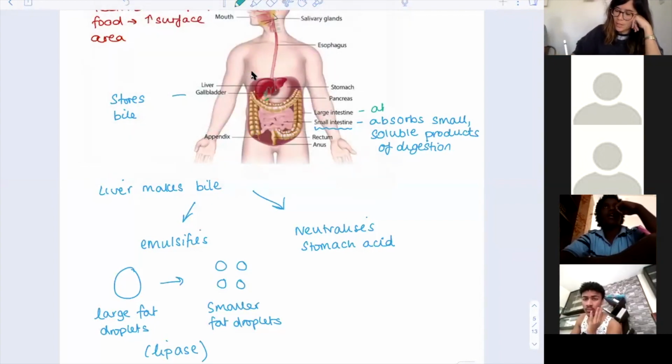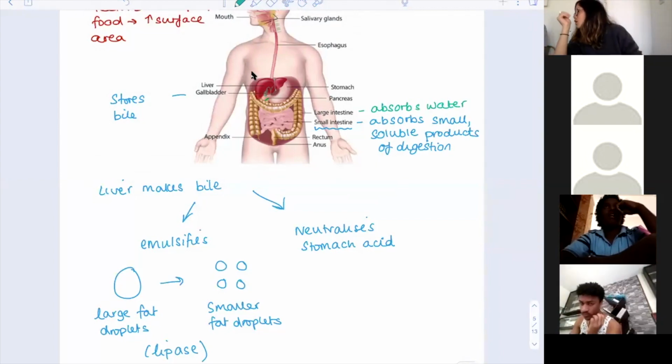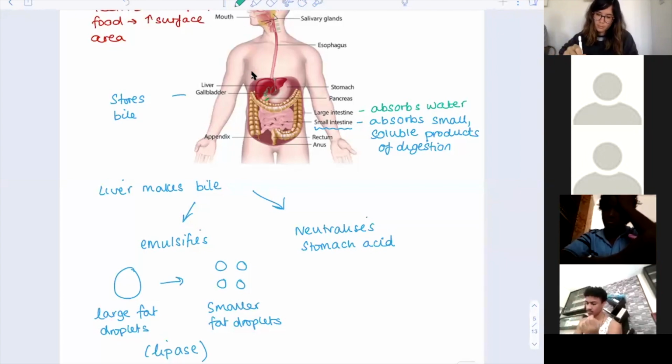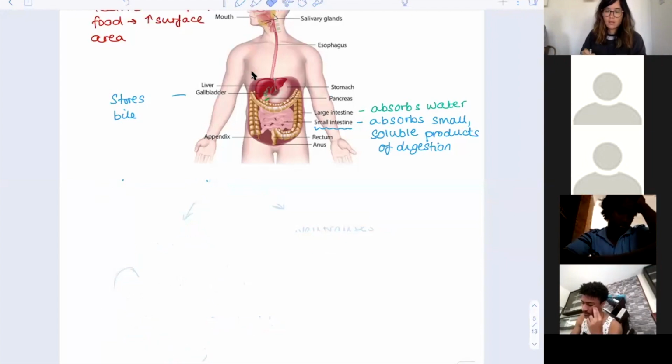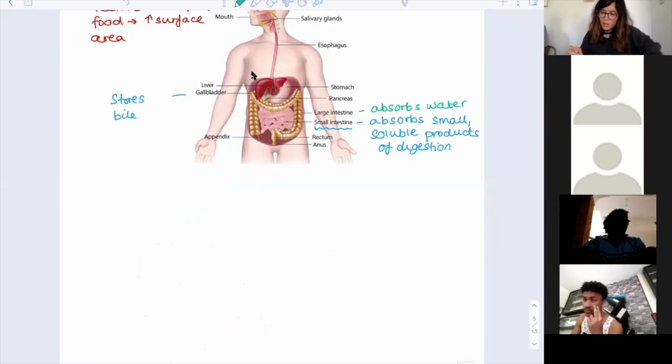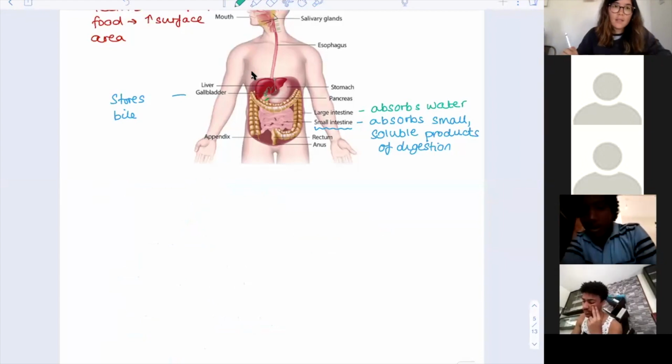The large intestine absorbs water, and really, we're nearly at the end of the digestive system now. All there really is to add is feces.